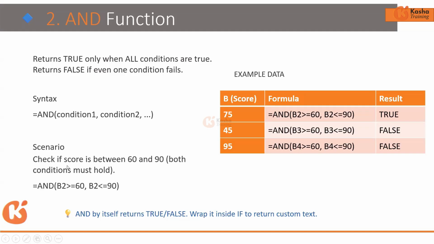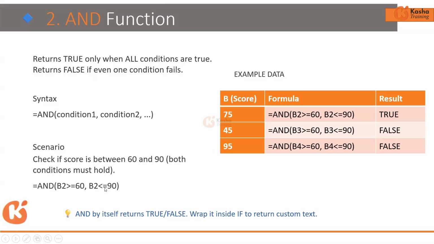In this scenario, check if the score is between 60 and 90, and both conditions should be met. The first condition is that cell B2 is greater than or equal to 60. The second condition is that B2 is less than or equal to 90.